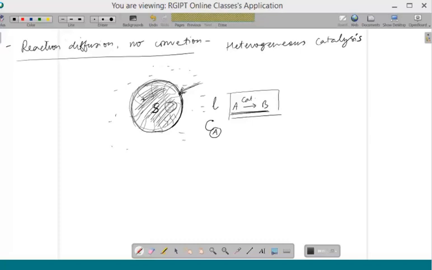How would you access that bulk part? Well, you can make tunnels into it. You can make pores, and the more porous you make it, the more you are able to access the bulk part. If more walls and surfaces are offered, you are more efficiently utilizing this catalyst mass in achieving the chemical transformation you desire.